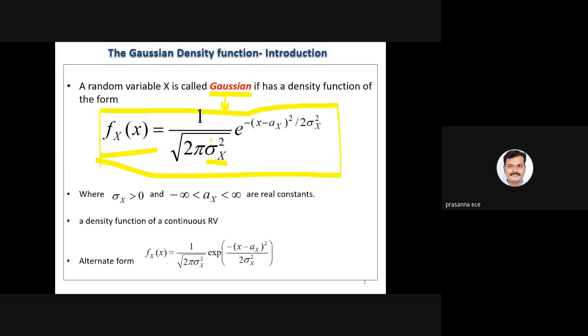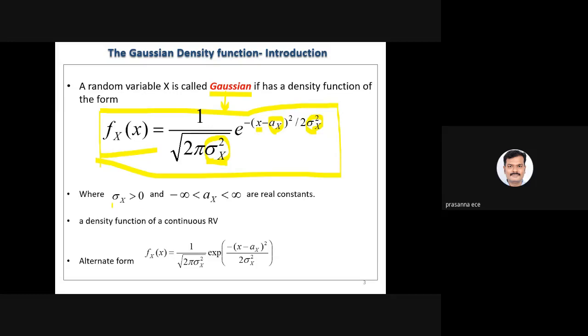One more condition is stated here: these are constants. Sigma_x is a particular constant, and a_x is another constant, so there are only two constants here, sigma_x and a_x. Since everything else is constant, it is just a function of x, which appears only in the exponential.